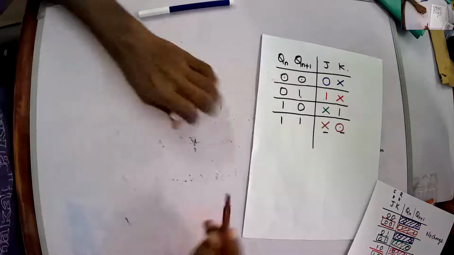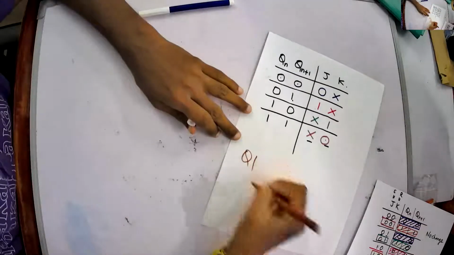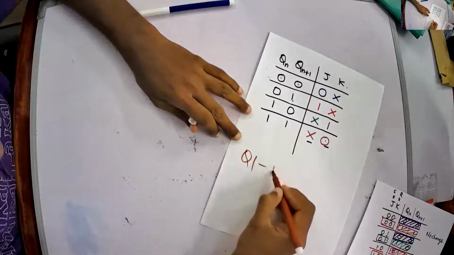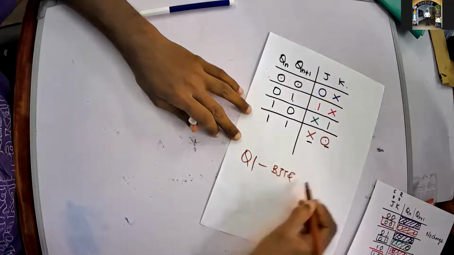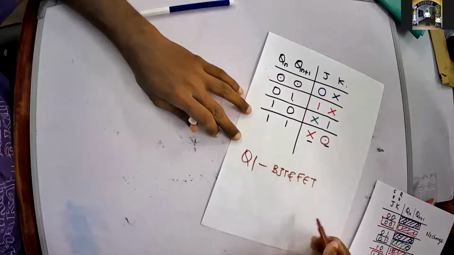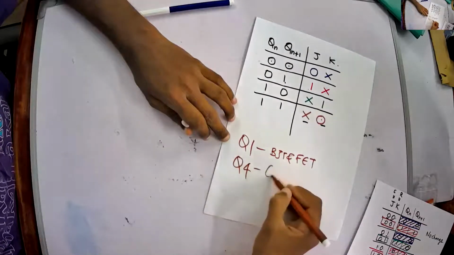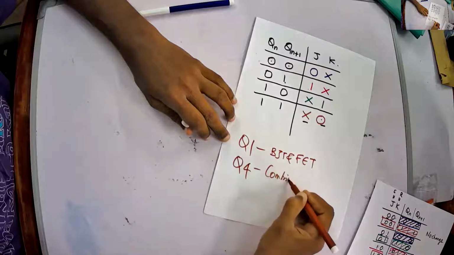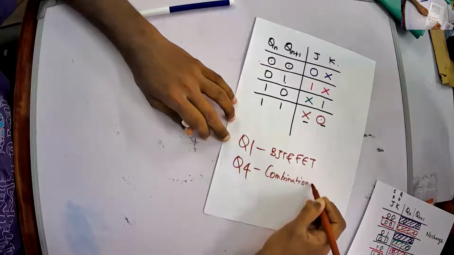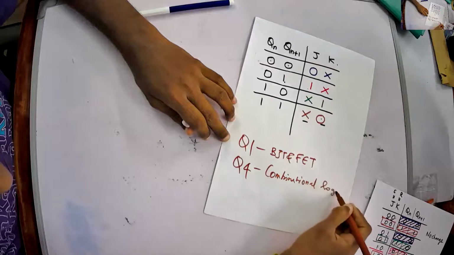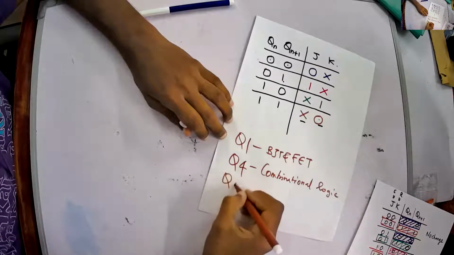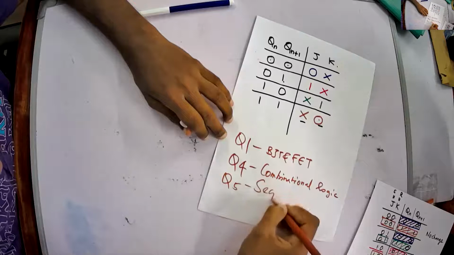So now you can do question number 1, which is BJT and FET, and question number 4, which is combinational logic, and question number 5, which is sequential logic.